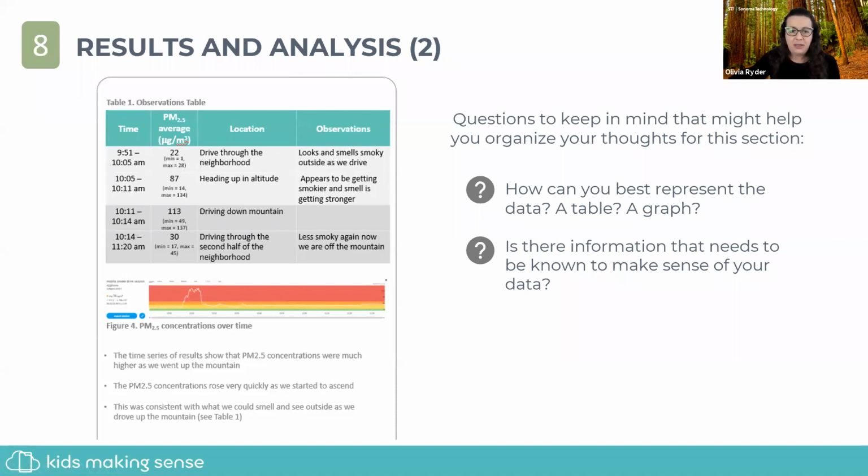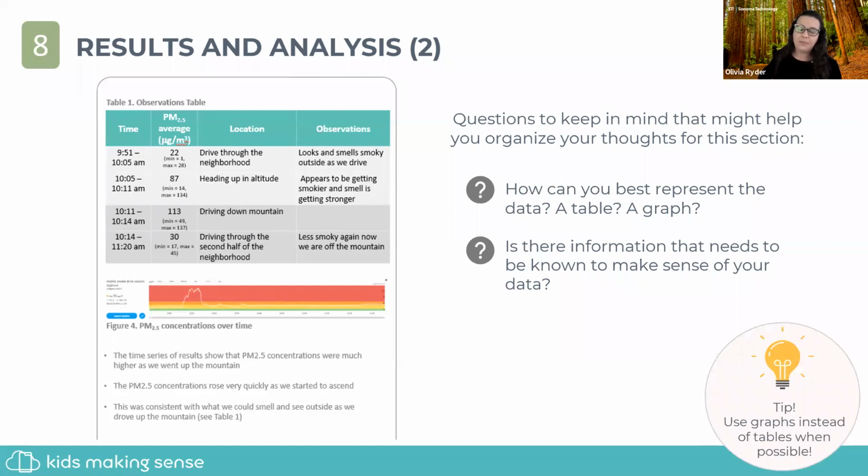And just another tip here is that if students are having a hard time deciding between showing a graph versus showing a table, sometimes it's good to err on the side of showing the graph. It's really helpful as an audience member to look at a graph.